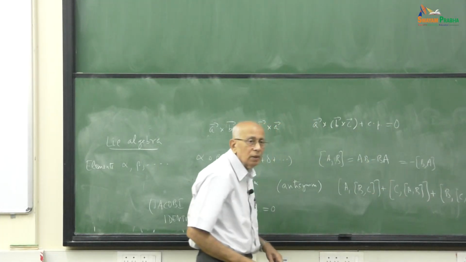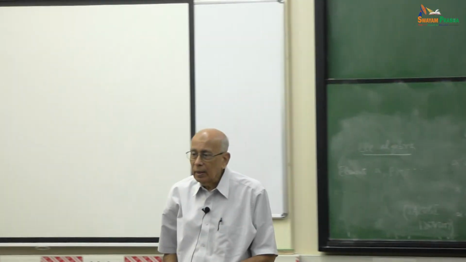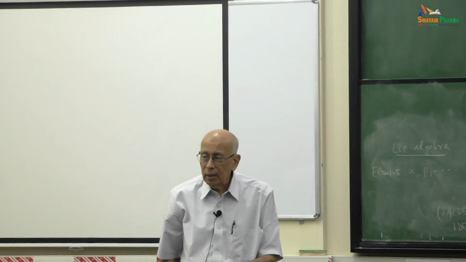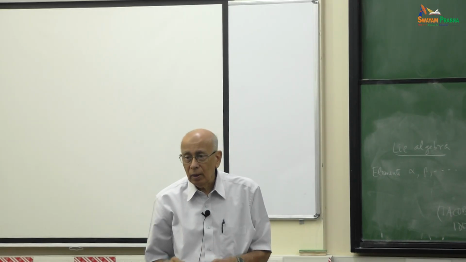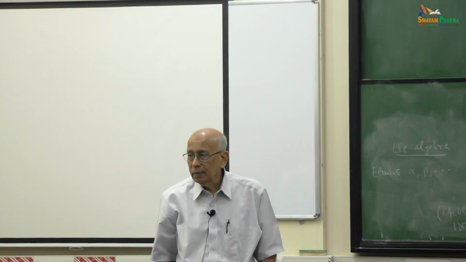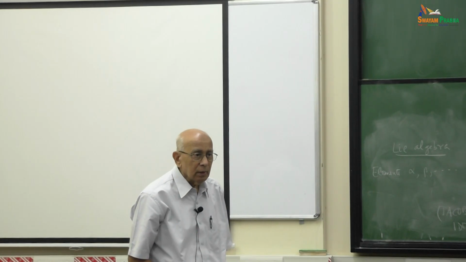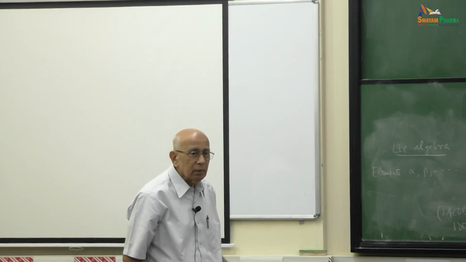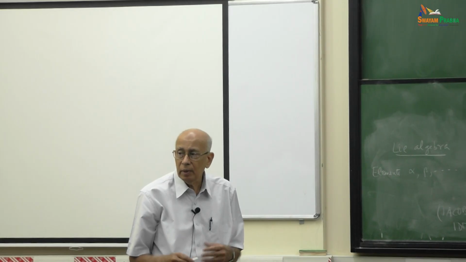Yes, sir. So ordinary three-dimensional vectors in 3D Euclidean space under the cross product form a Lie algebra. Simplest example. The second simplest example is square matrices of a given order under the operation of commutation.